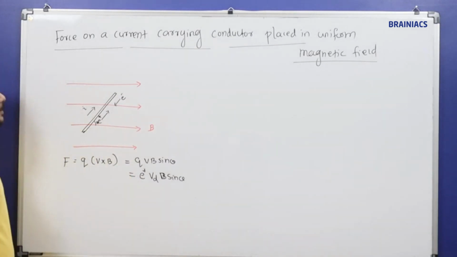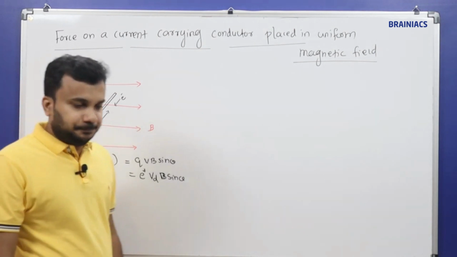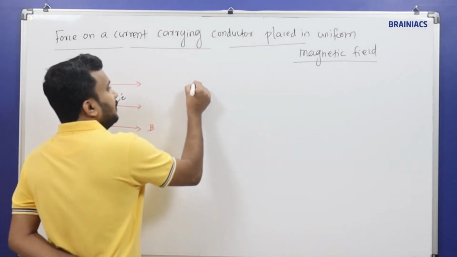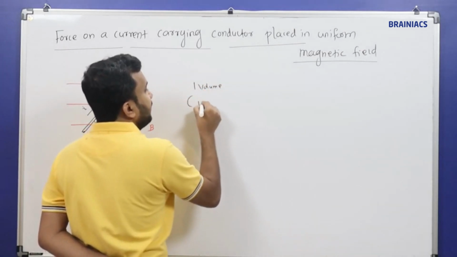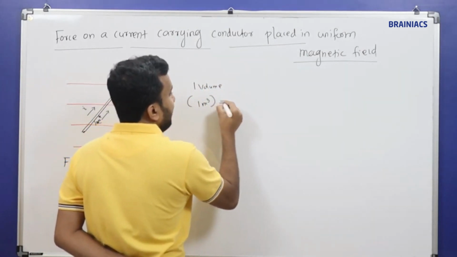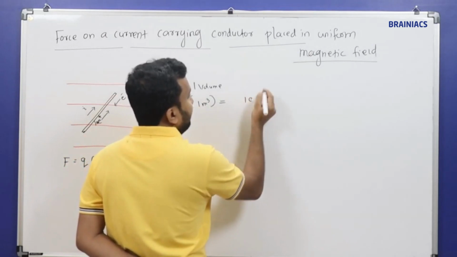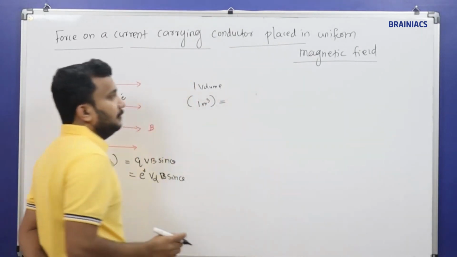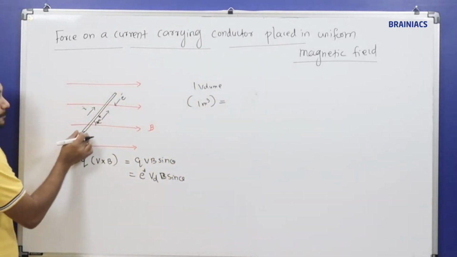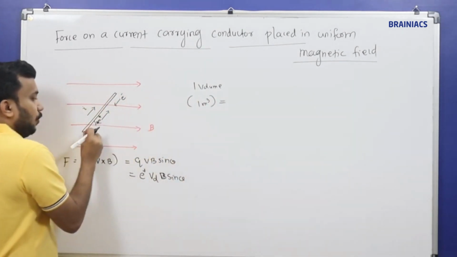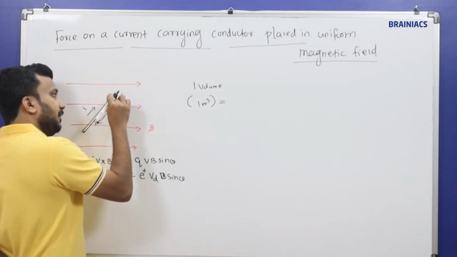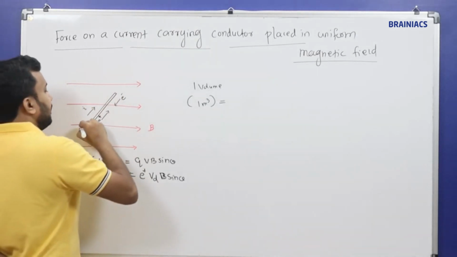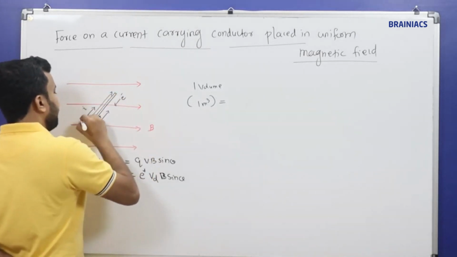Here the electronic charge e plus is one charge. Let me consider a volume of 1 meter cube. You can consider the wire to be made up of 1 meter cube, 1 meter cube, 1 meter cube, and so on. So a lot of 1 meter cubes are arranged.